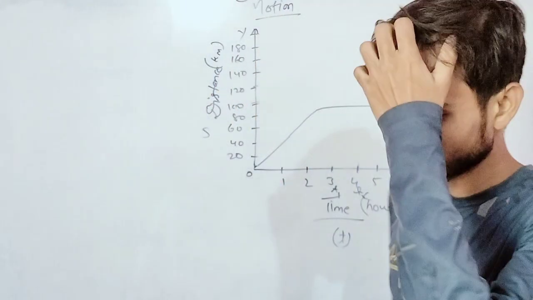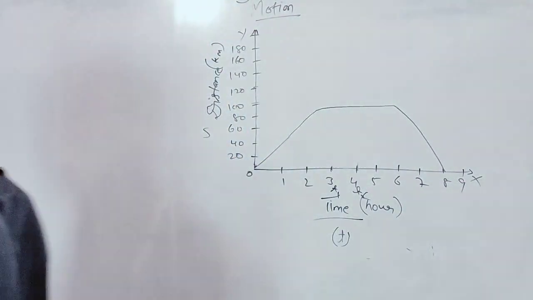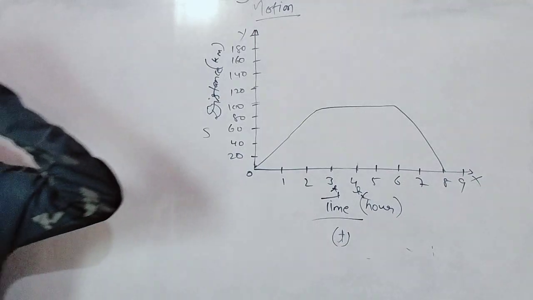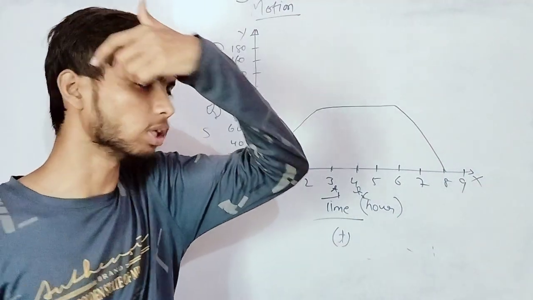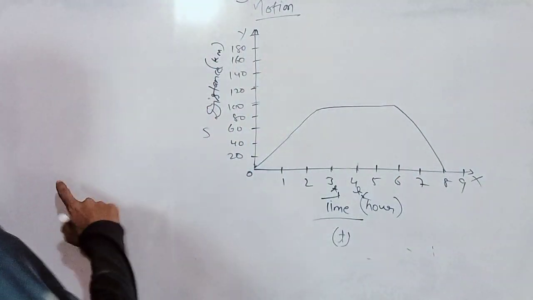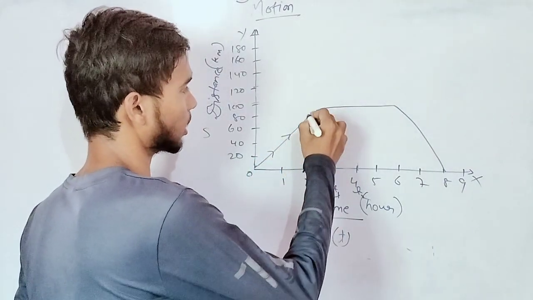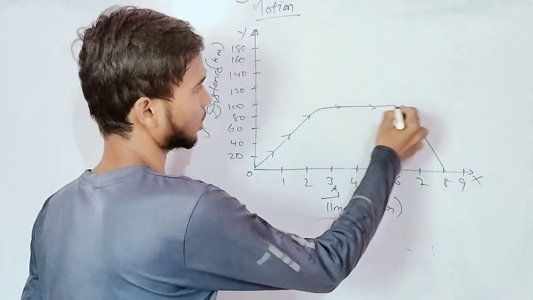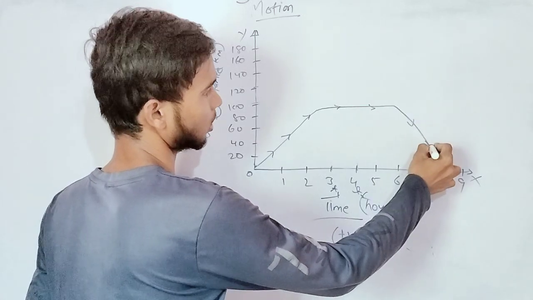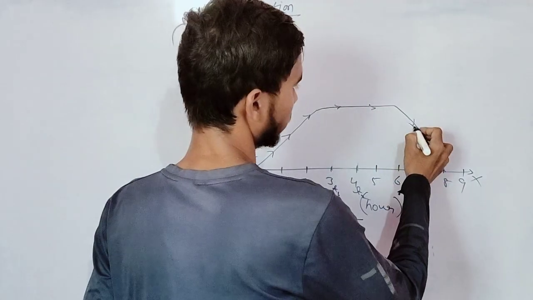If slope is increasing, we would say this is a positive slope. You can see from here it is going upward like that.